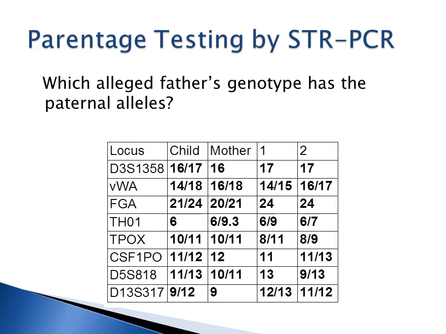Since the child is 10,11, it obviously got the 10 from the mother and the 11 from alleged father 1. So you would have to look at all of these different loci and see if one of these potential fathers is a match with the child, comparing the mother and the child's genotypes. And after looking at all of these loci, you can determine that the probability of the father being anyone else besides this particular individual is very, very low.